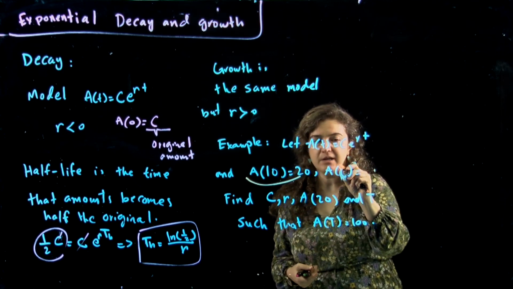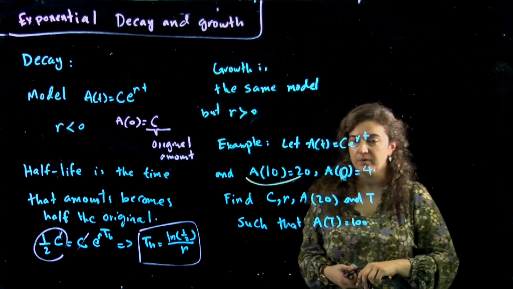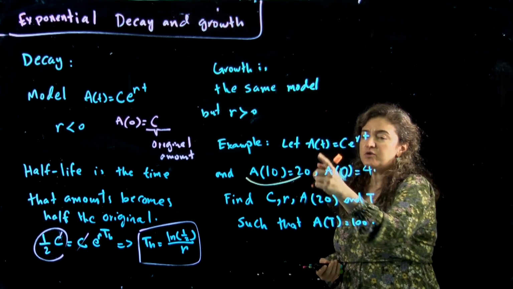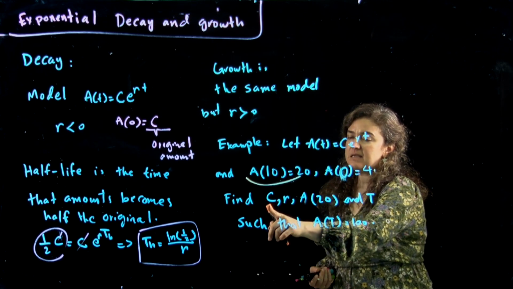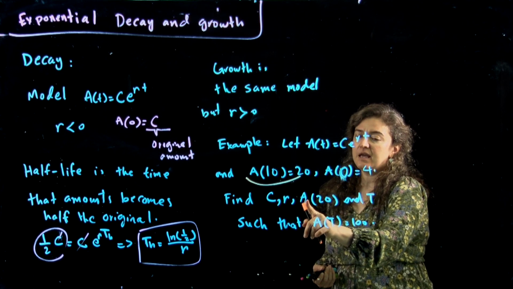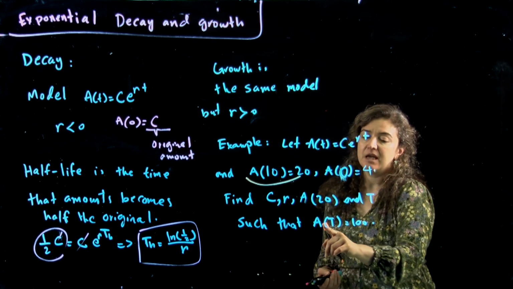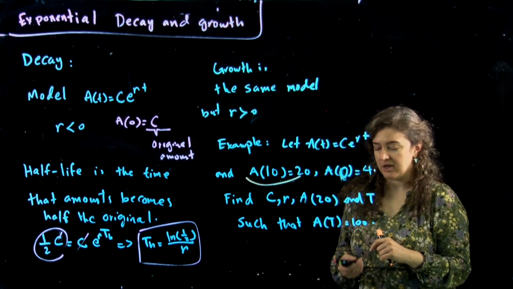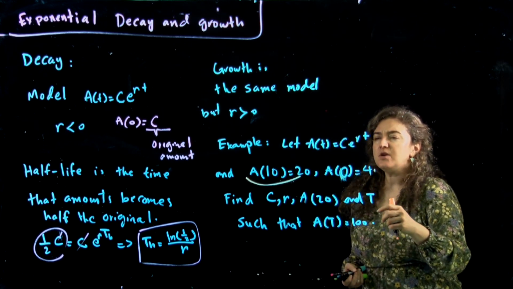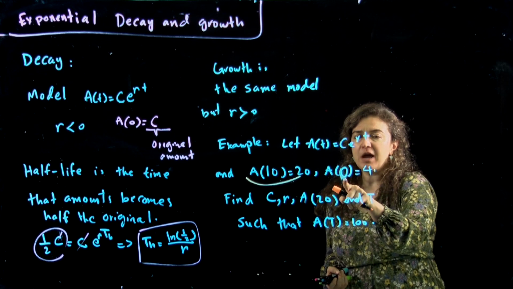We are going to use that to find c, r, A at time 20, and t such that A(t) is equal to 100. So what do I know?